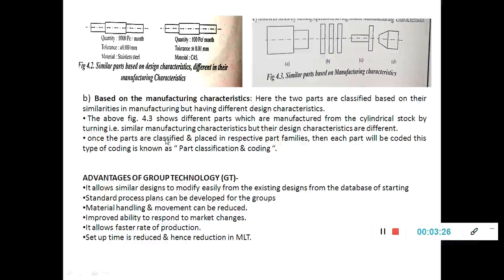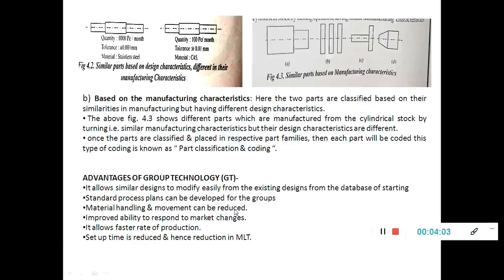Coming to the advantages of group technology. What are the main advantages of group technology? With the help of group technology, modification can be made on similar designs. Now we have one product which has similarity to another one, so any type of modification can be done on an existing design. This is the most important advantage of group technology. Then standard process plans can be developed for the groups, because we are modifying the design, therefore standard process plans are required.